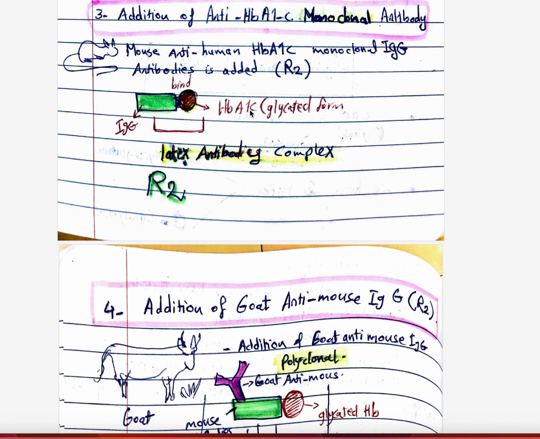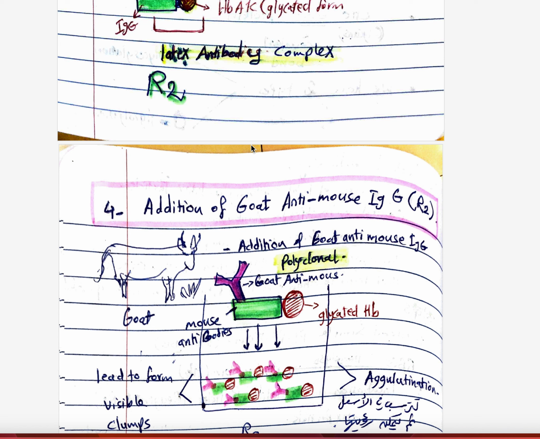And after we add this, what should we do? We add the goat anti-mouse antibodies. It's the same mechanism as what happens in Western blotting, okay? We just add another antibody, the goat anti-mouse antibodies, but they are polyclonal antibodies.